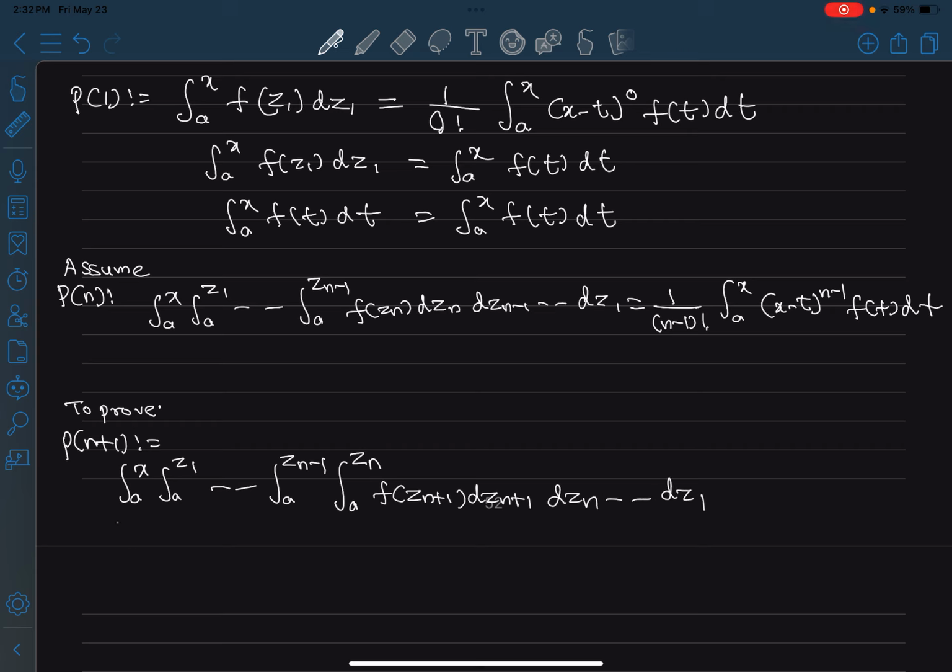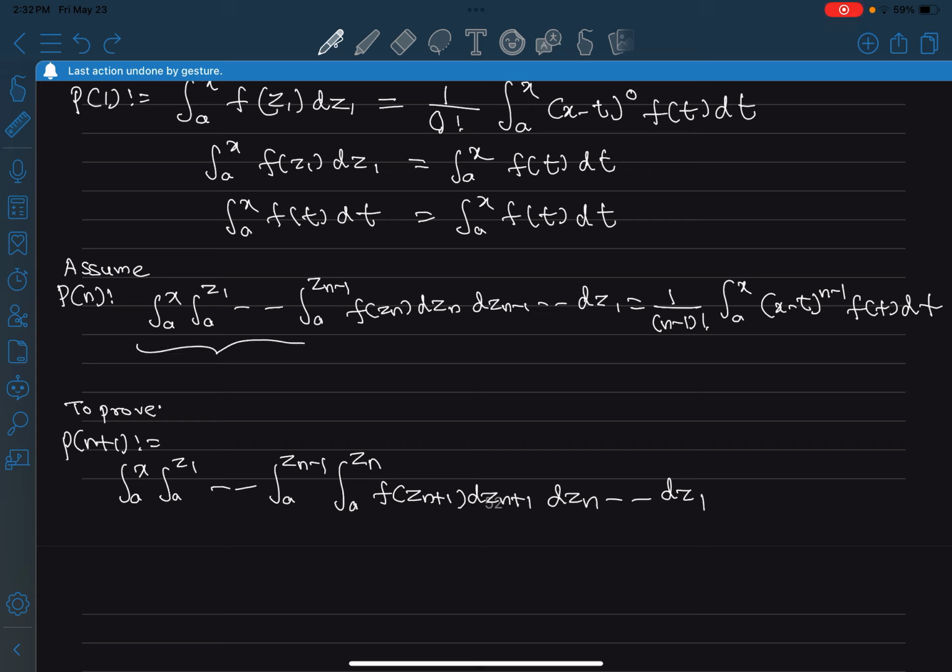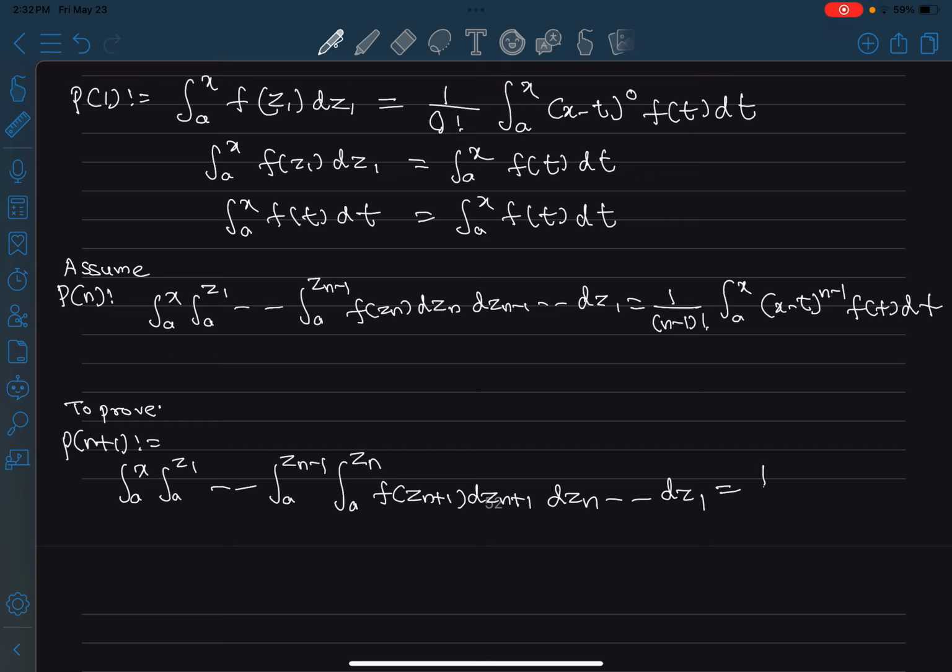So right now there are n plus 1 integrals. Initially there were just n integrals, but now n plus 1 integrals, and this should be equal to 1 by, substituting n as n plus 1, so that becomes n factorial, a to x, and then x minus t to the power n plus 1 minus 1, so n, f of t dt. We need to prove this statement, right?